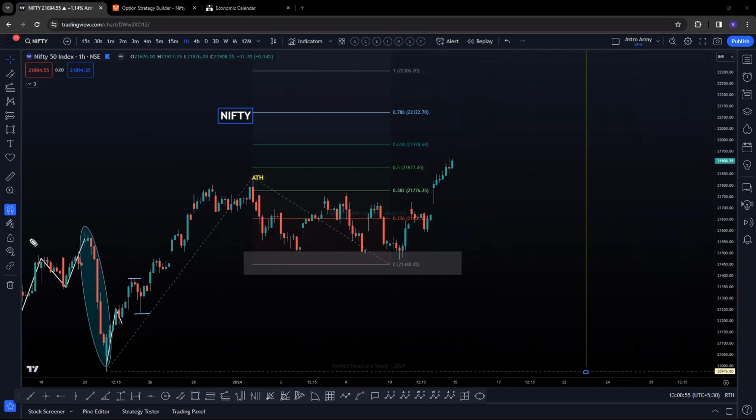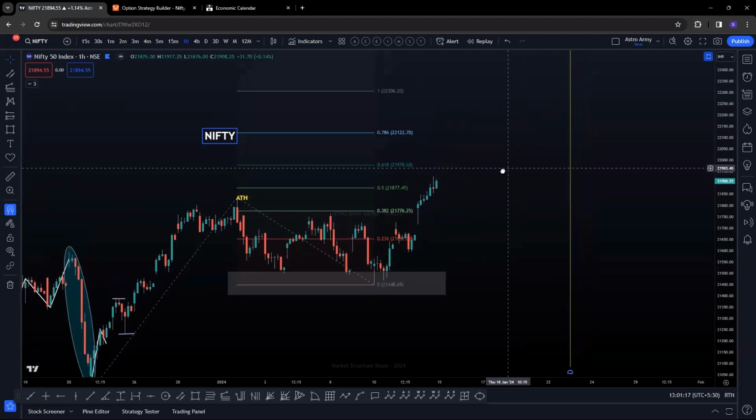But if the move is a little bit hard and fast, it can also go to 78.6 extension, which is nothing but the 22,125 level. So it is normal if wave 5 gets extended to reach 22,125. Keep this level in mind. We'll revisit it later when we build a strategy for this.